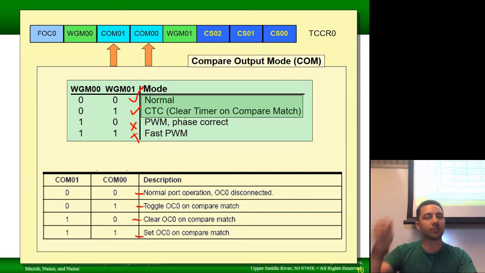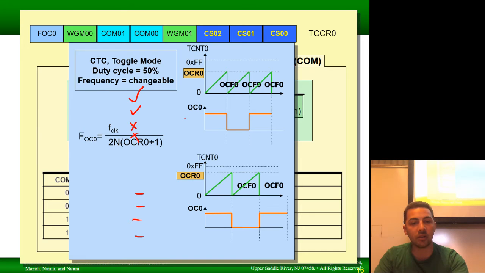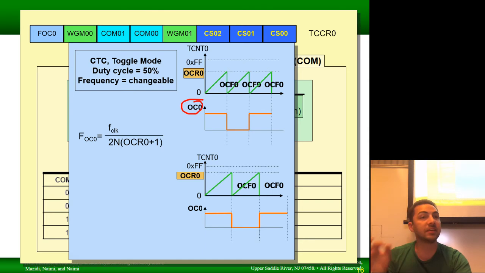So what does this mean? If we turn these two bits on in CTC mode, for example, CTC mode we know counts up. We just saw this diagram, counts up and resets at that point. Well, if you have the COM bit set, this output pin, that physical pin, is going to toggle, because if you set it to 1, toggle every time you get a reset from OCR back to 0.